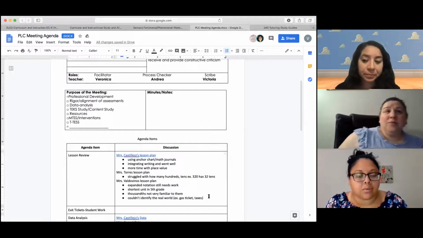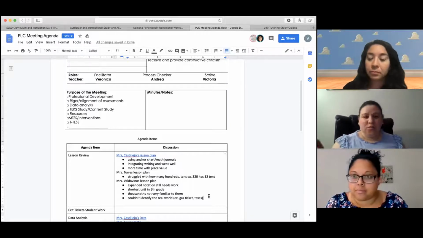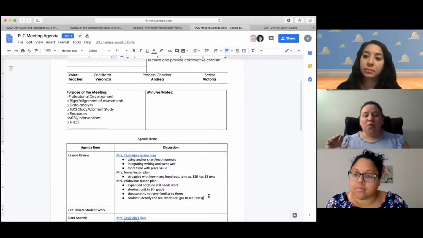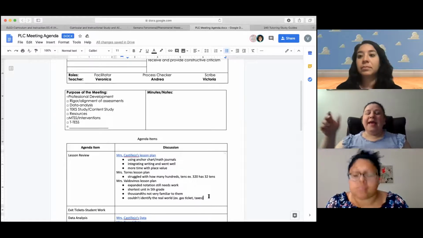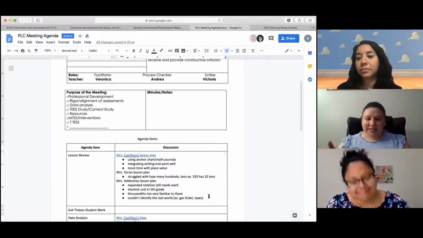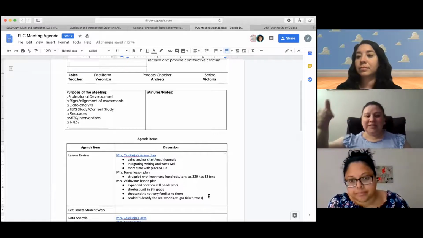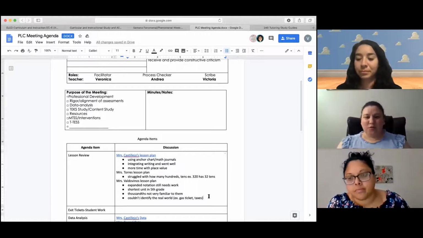And what I was able to tell with them as well is that it was a really solid foundation with the academic vocabulary of the decimals, and when they see that decimal point, it's so important because they need to know when they're going to say that, and that's where the decimal goes.